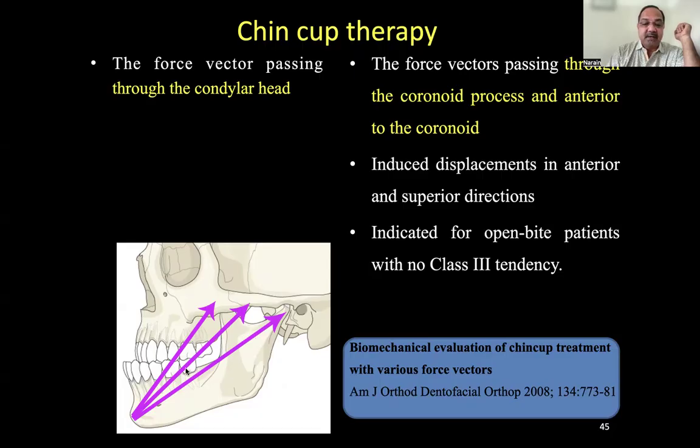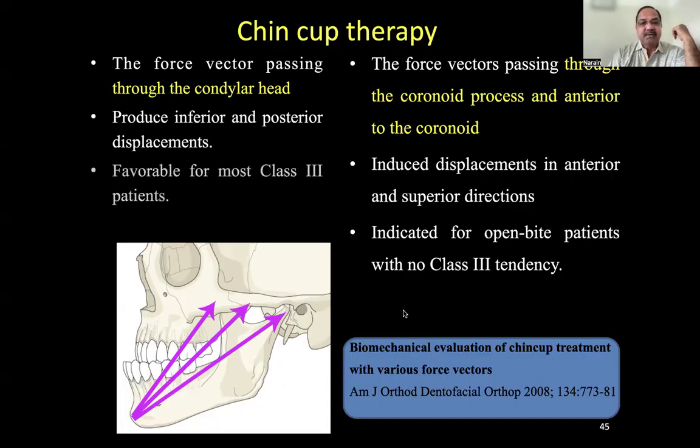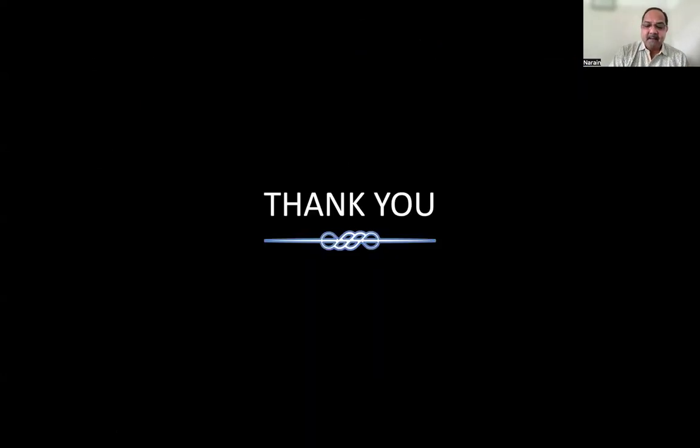So that will give you an anti-clockwise movement. When you pass the forces through the condyle, there is a tendency for the face to elongate. It produces both inferior and posterior displacements of the mandible, and it is the line of treatment for class 3 cases.